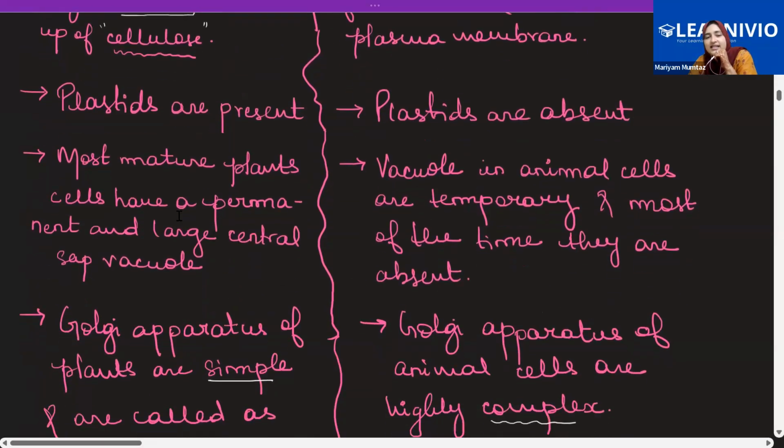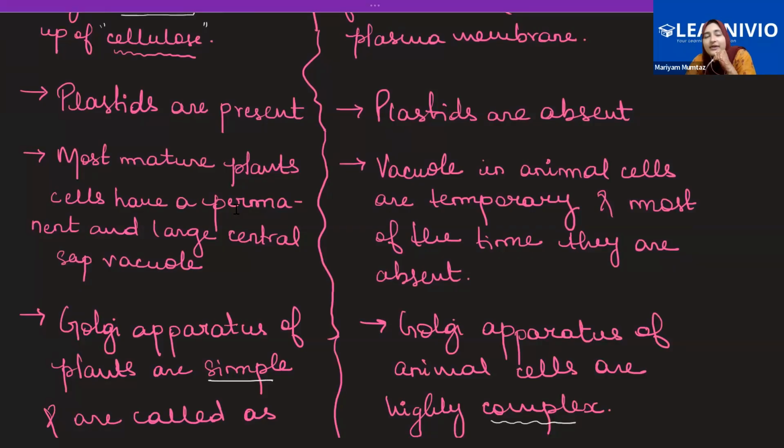Most mature plant cells have a permanent and large central sap vacuole, whereas animal cells may have vacuoles, but always remember that their vacuoles are going to be temporary. It's not going to be a permanent and fixed vacuole, and most of the time their vacuoles are completely absent.